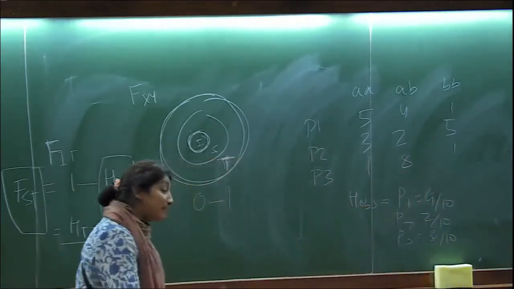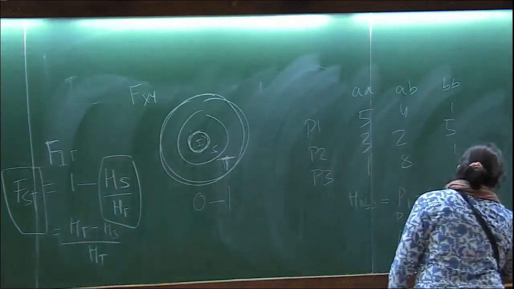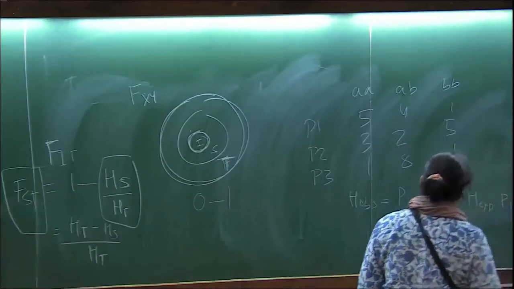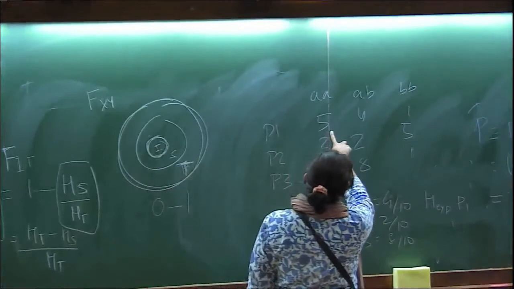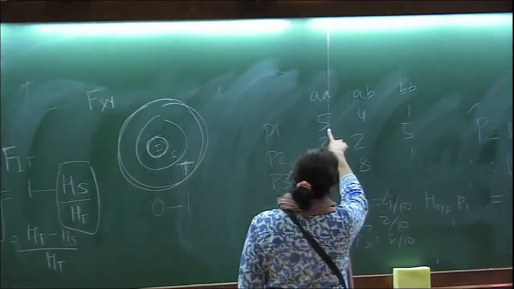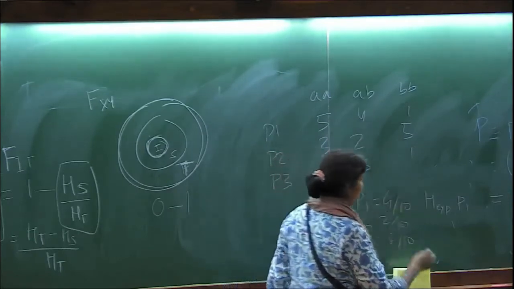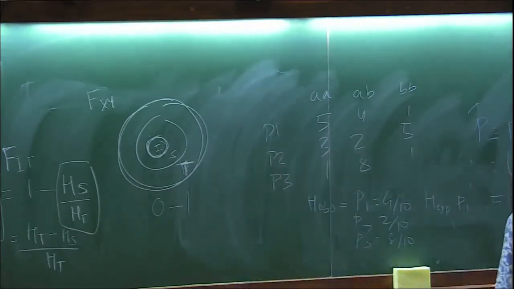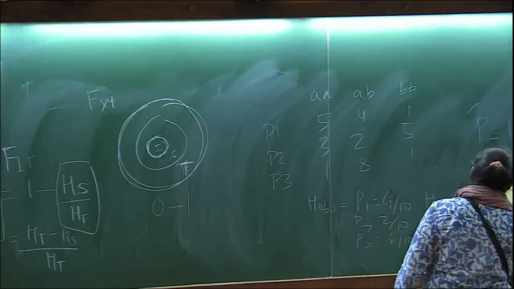Now, what is the expected heterozygosity in population 1? That is H expected P1. How to do that? Remember again, P1 expected should be 5 plus 2, right, by 10, so 0.7.